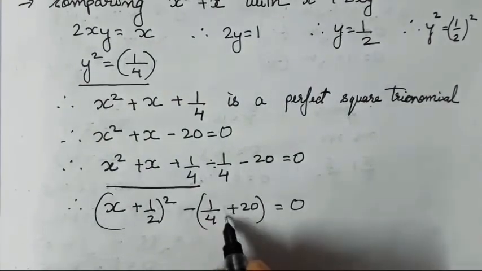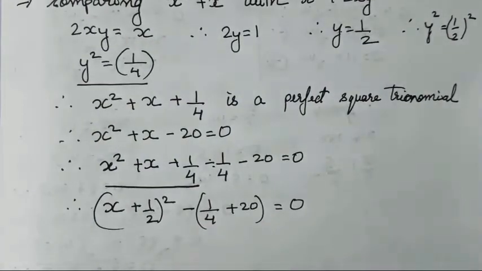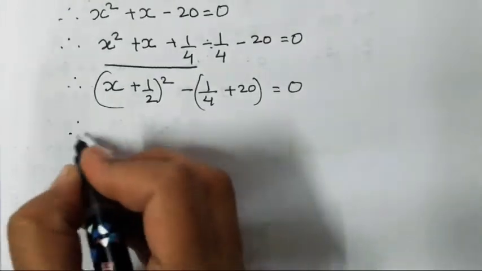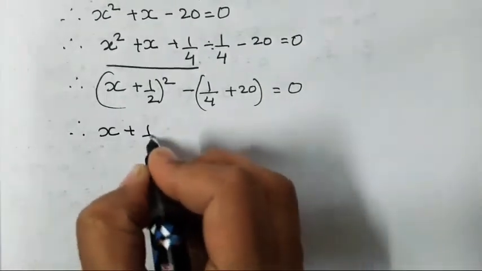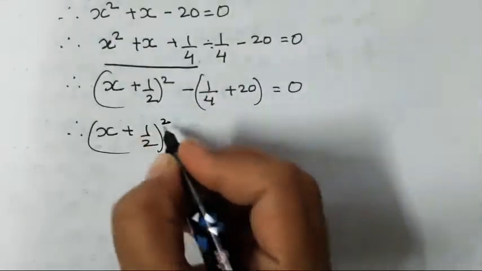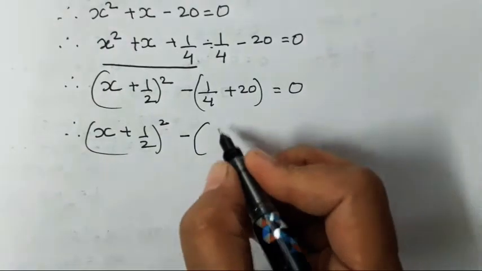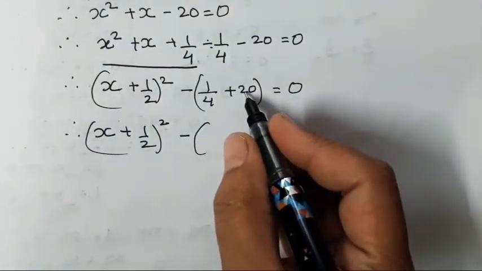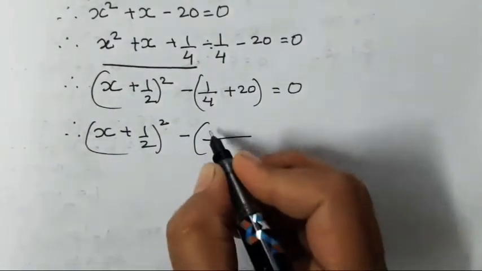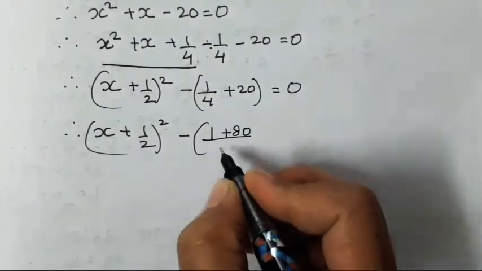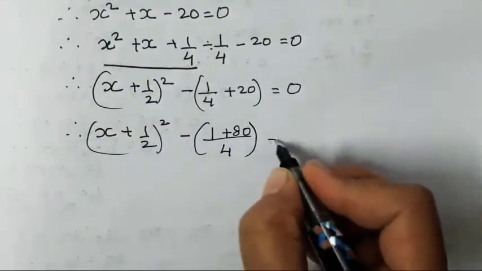Over here the sign is going to change from minus to plus. The first part will remain as it is. This will change to 4 into 20 is going to be 80. So 1 plus 80 upon 4 is equal to 0.